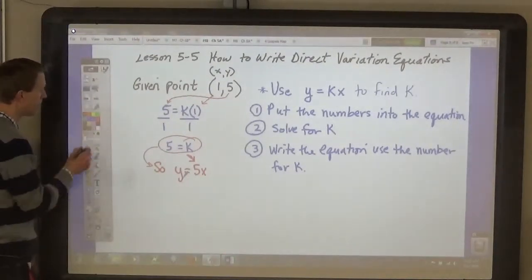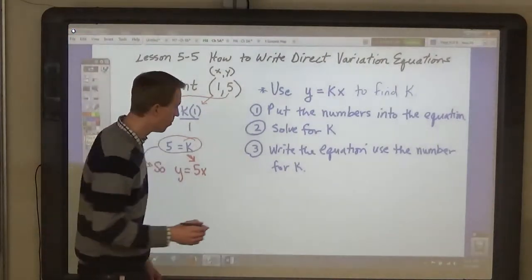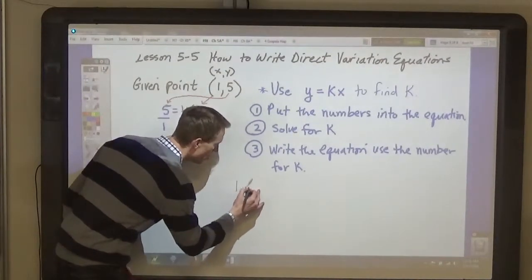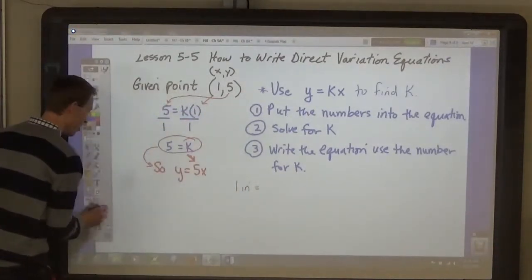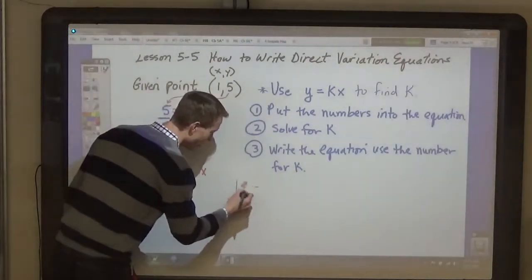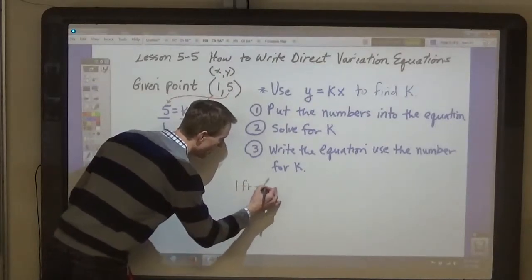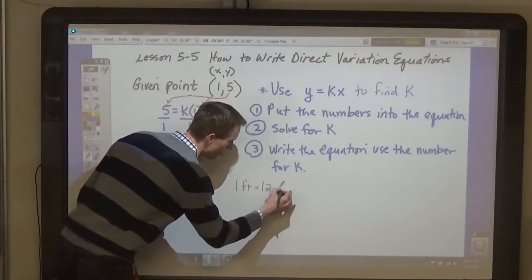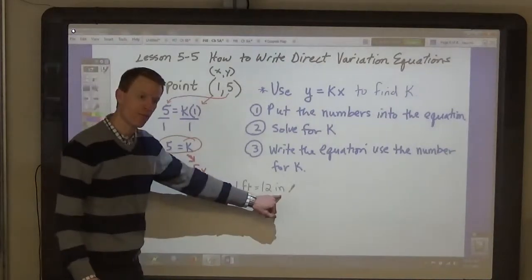Let's take another example. Remember the inches and feet example that we talked about yesterday? We know that 1 foot equals 12 inches, and we can write an equation for direct variation.